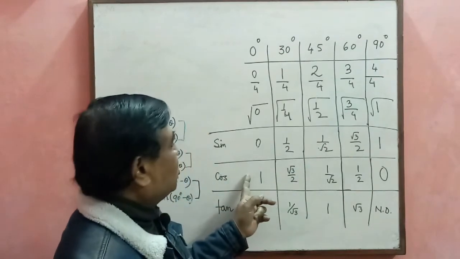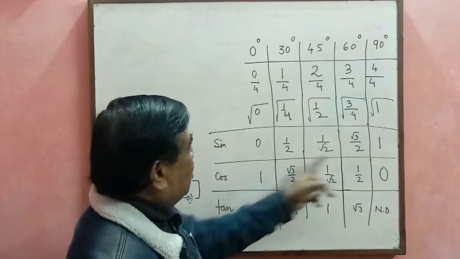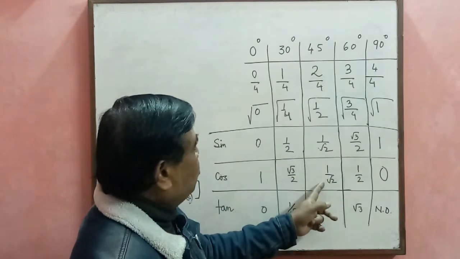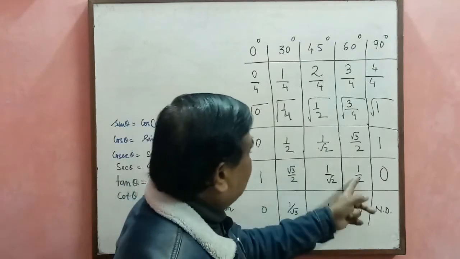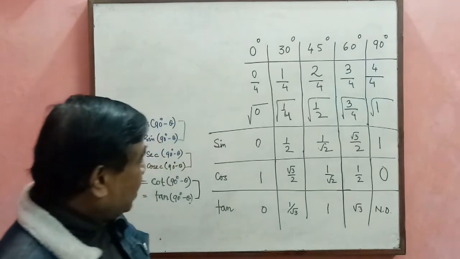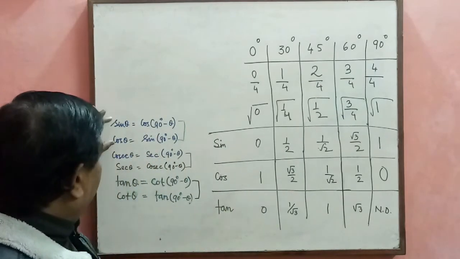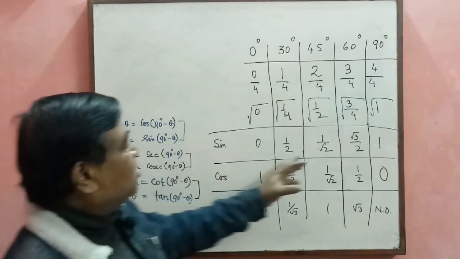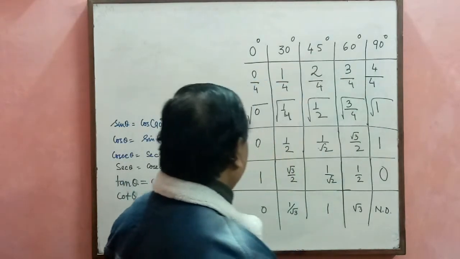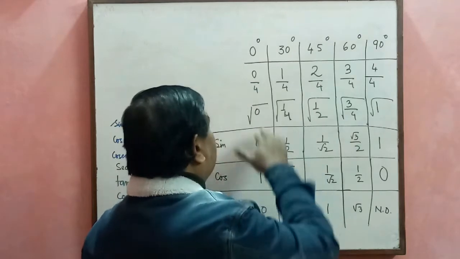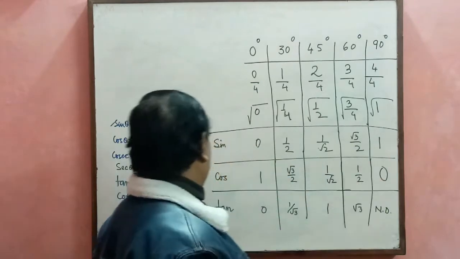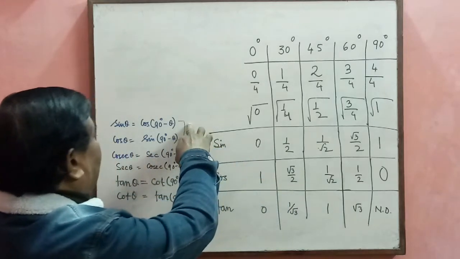Cos 0 degree is 1, cos 30 degree is root 3 upon 2, cos 45 is 1 upon root 2, cos 60 is 1 upon 2, and cos 90 is 0. Since we have this relation, once we know the values of sine, for example sine 0 degree is 0, obviously cos 90 degree will be 0.